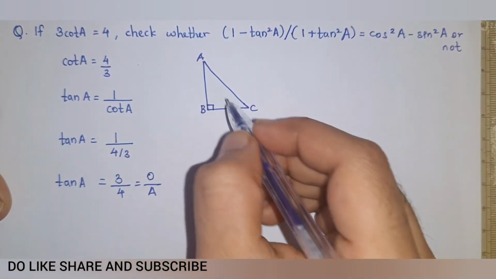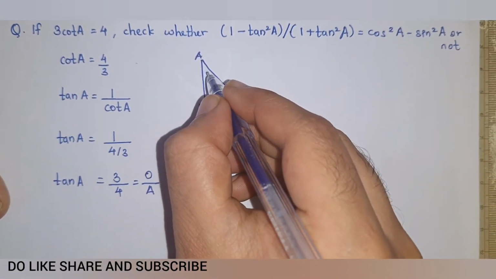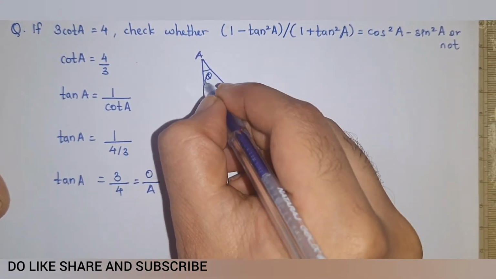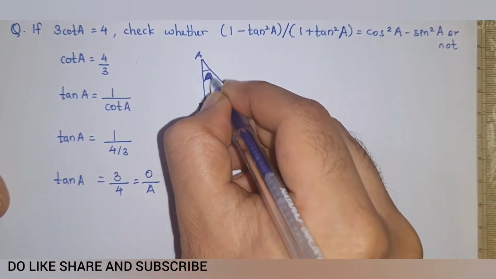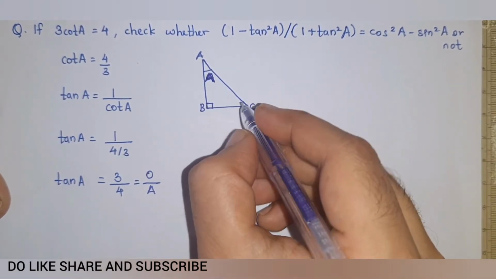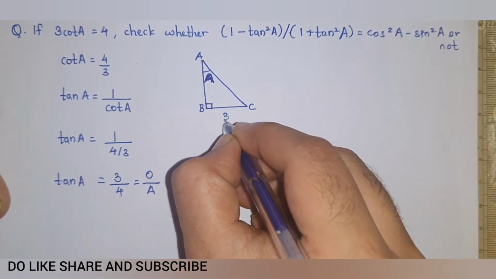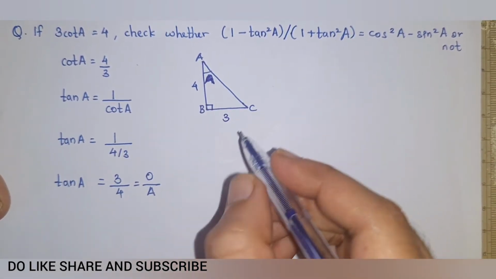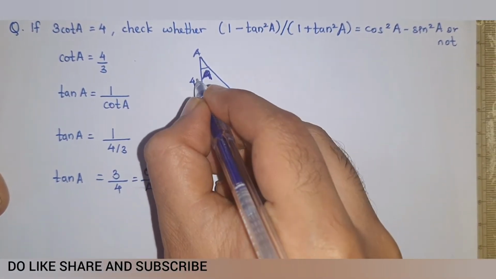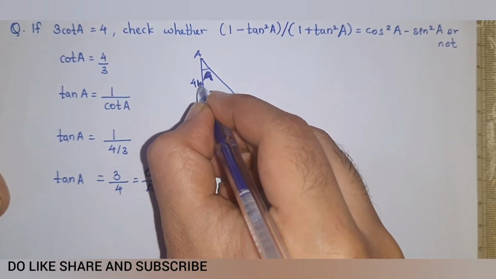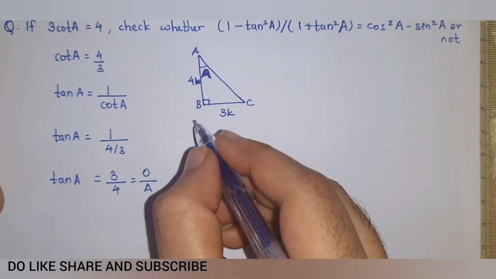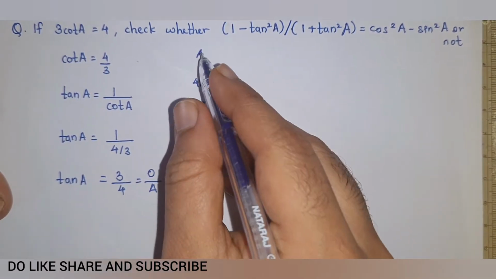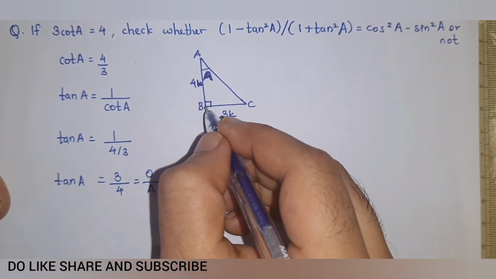Considering this as theta, or we can say A, the opposite of A will become 3 and adjacent will become 4. We'll take a constant K. Now length of BC is equal to 3K and length of AB is equal to 4K.